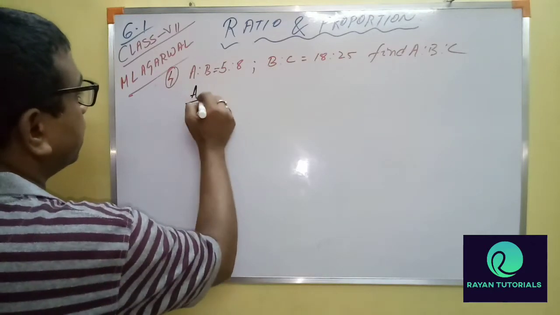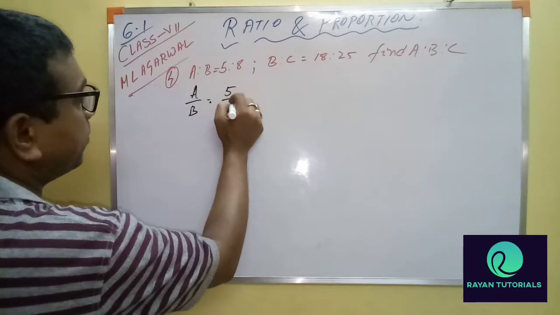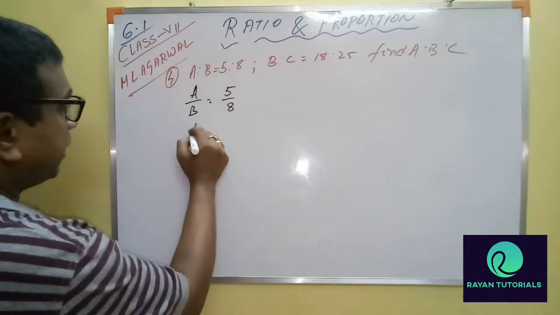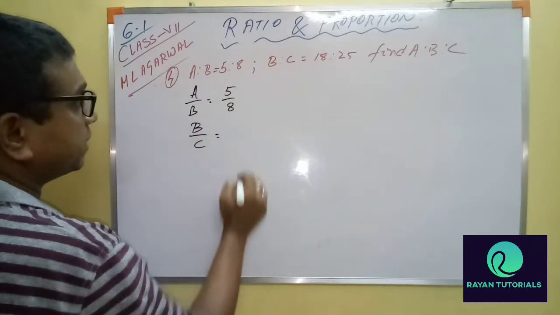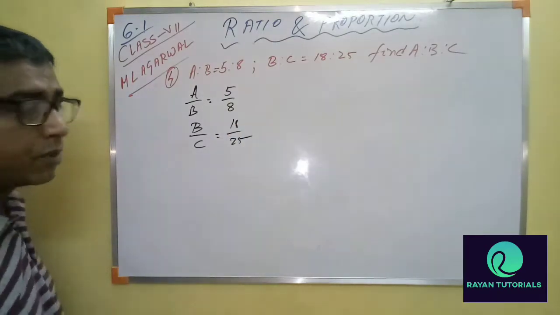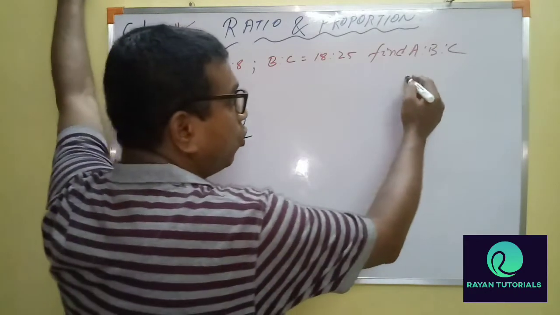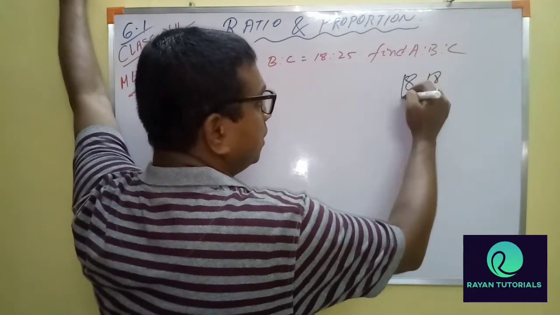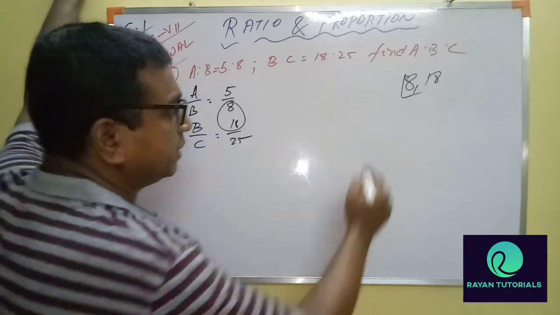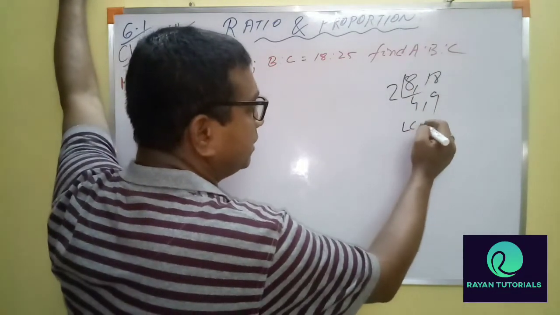So here A by B is equals to 5 by 8. And here B by C is equals to 18 by 25. Now these two I need to make same. So what's the LCM of 8 and 18? 2, 4, 2, 9. So 4 2s are 8.